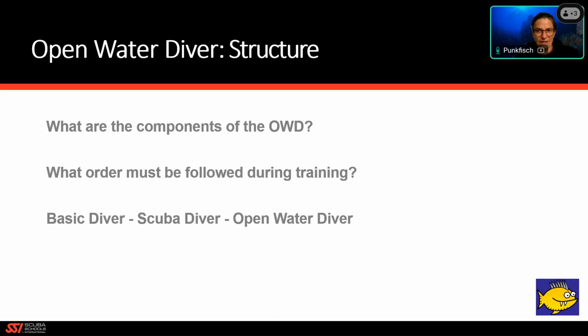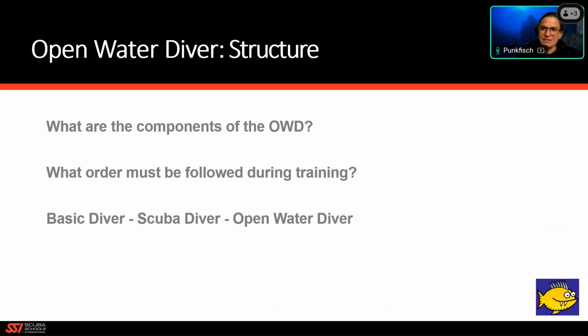When we have the skills list for confined training, we can absolutely change the order of the skills in a way that makes it easier for us to include them in a nice dive, or to not have to move from the shallow part to the deep part and back to the shallow part and back to the deep part of the pool. But we organize it in a way that we can do a sequence of skills, then maybe move a little bit, then have another sequence of skills, move a little bit again, and put skills together that make sense together.